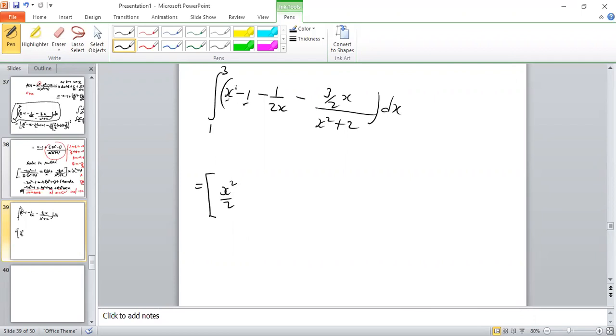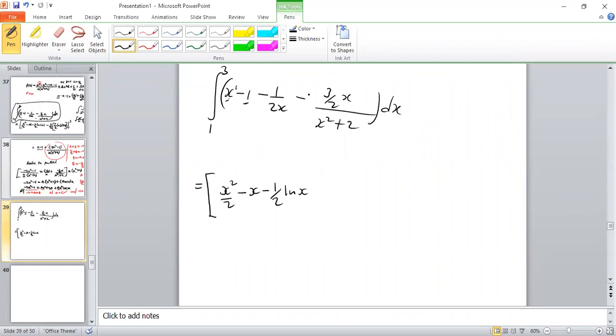Then this one, integration of a constant, it's just x, so it will be minus x. Then this one is in the form of 1 over x. So this one will be minus, this 2 you bring out, so it will be minus 1 over 2, the natural log of x. Are we together?